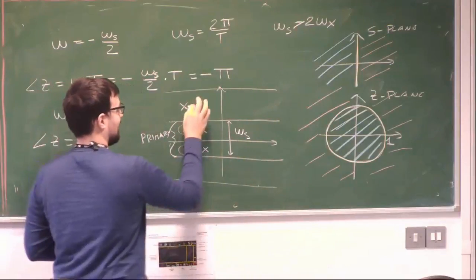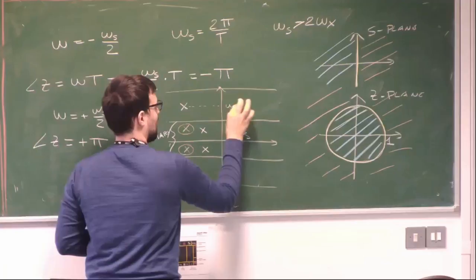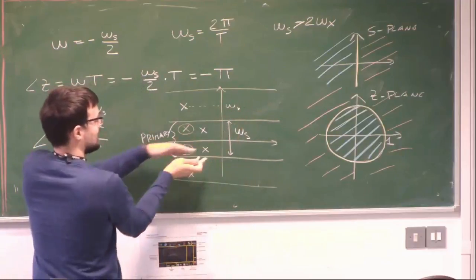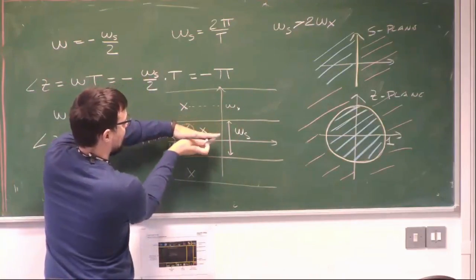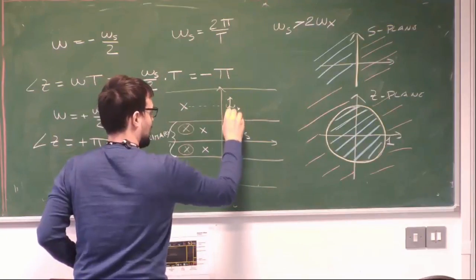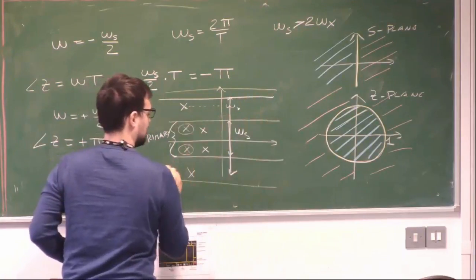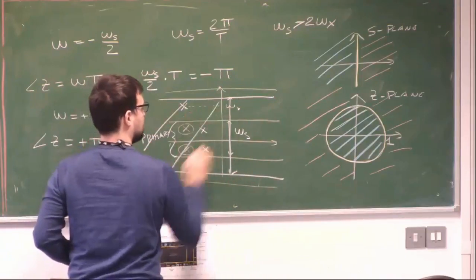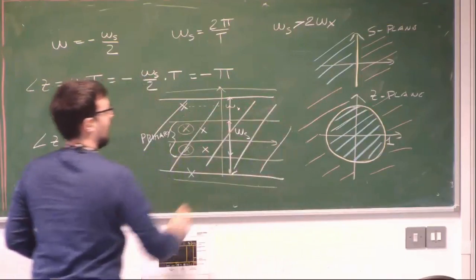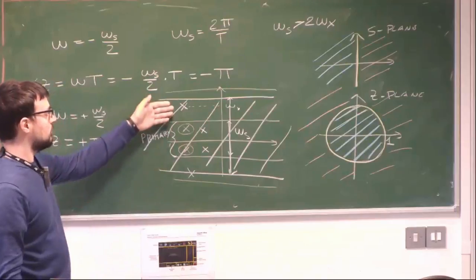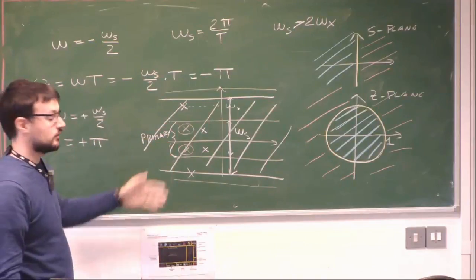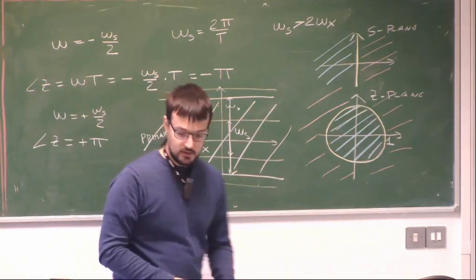So if this is omega x, this omega s has to be 2 times omega x, so that the primary strip includes all this part, and we can distinguish between the points. Okay, so this is another way to state the Shannon theorem.